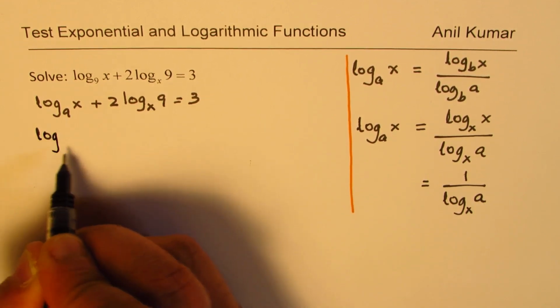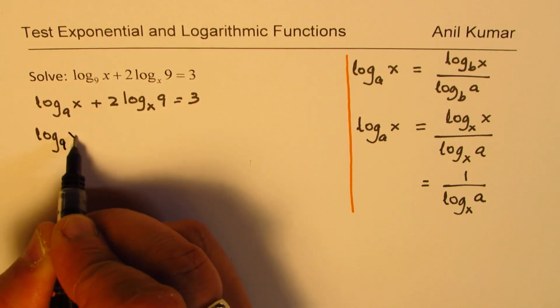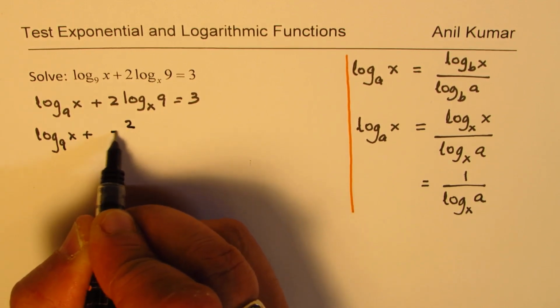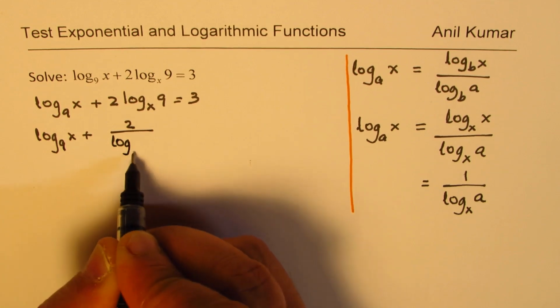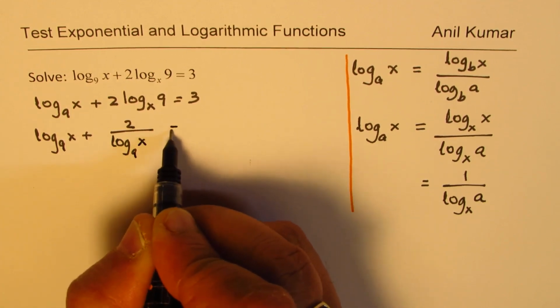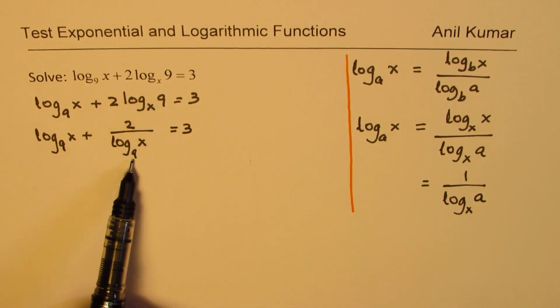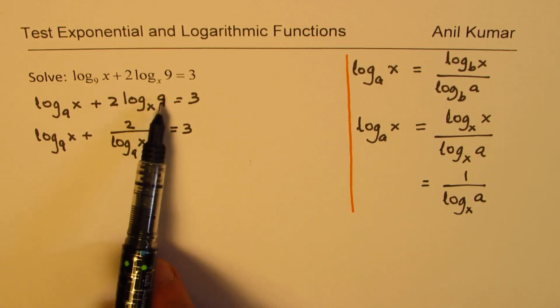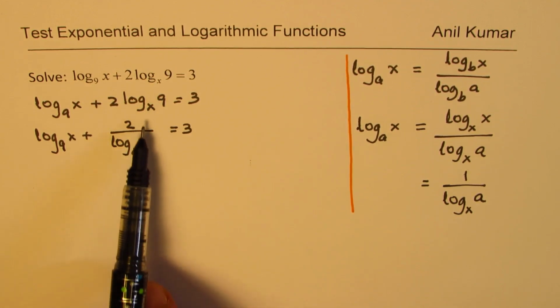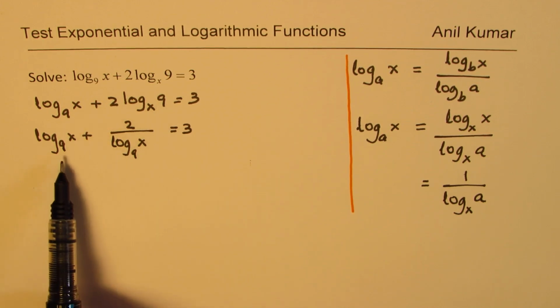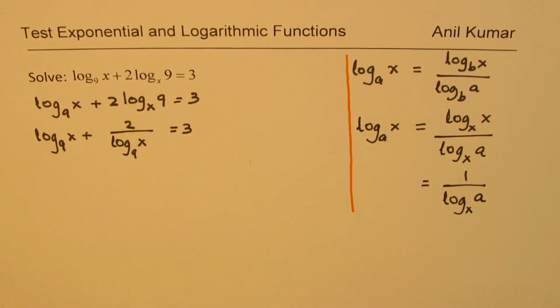So we'll write this as log to the base 9 of x plus 2 over log to the base 9 of x. Does it make sense to you? So we wrote this as a reciprocal, flipping the base and the argument: x 9, 9 x. Now we have the same base. Now it's easier to solve, correct?